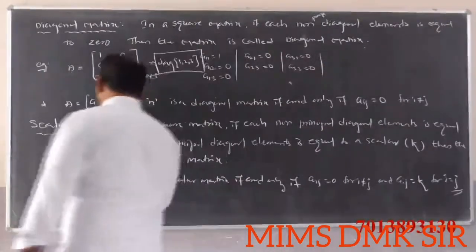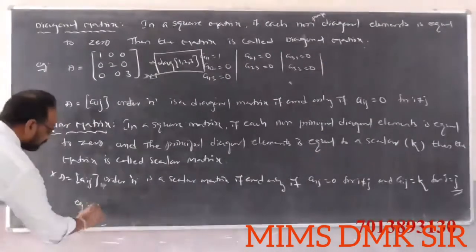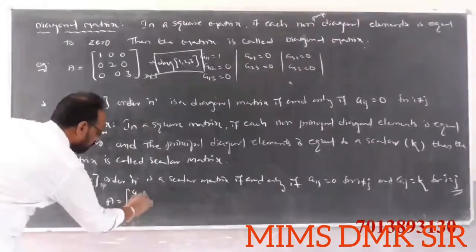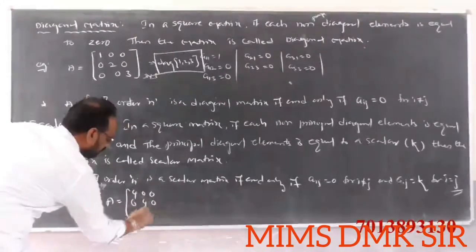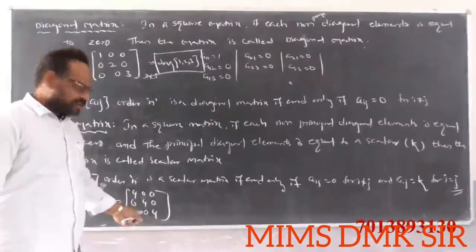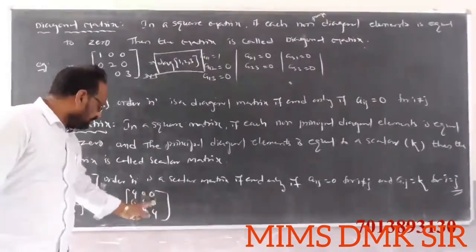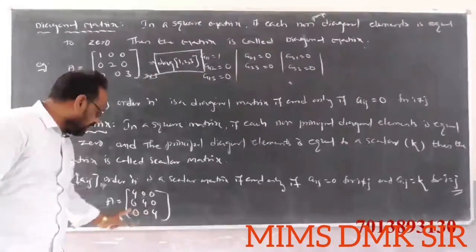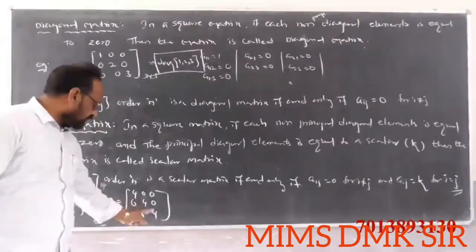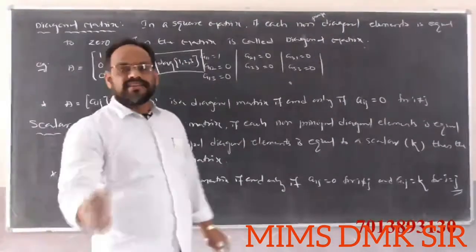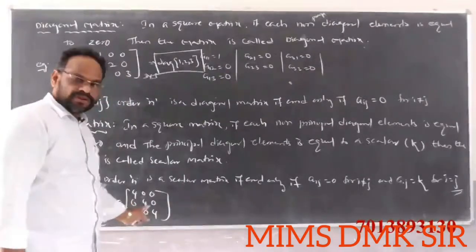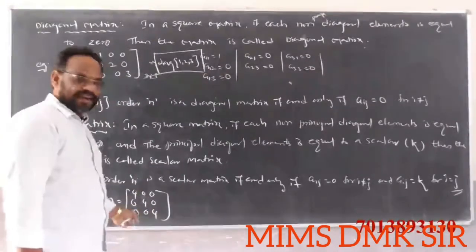For example, A equals 4, 0, 0, 0, 4, 0, 0, 0, 4. This is a scalar matrix. Observe here: the non-principal diagonal elements are zeros, and the principal diagonal elements are equal to some constant k, that is 4. So this is called a scalar matrix.